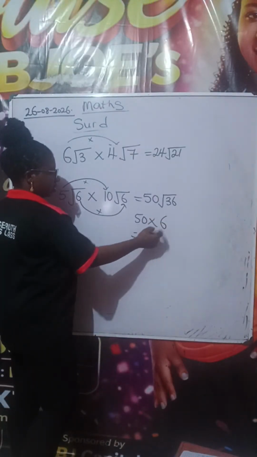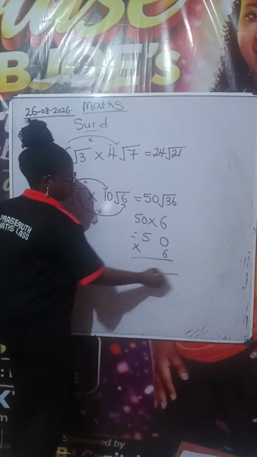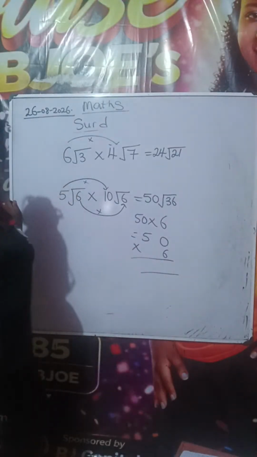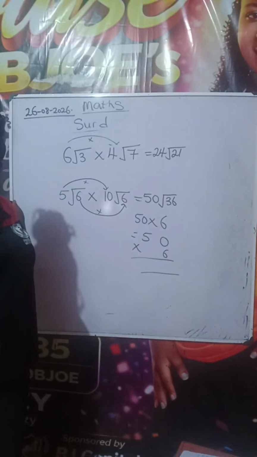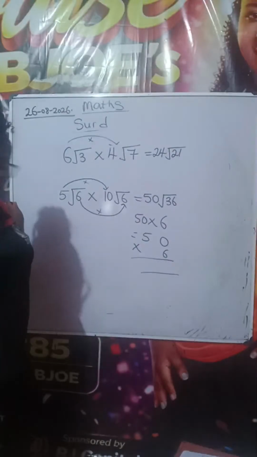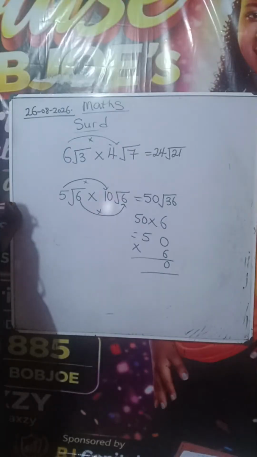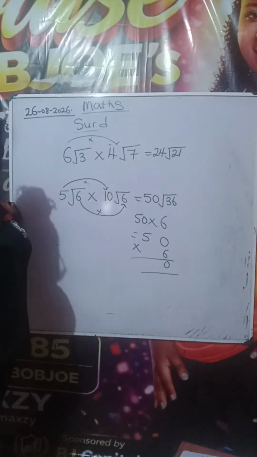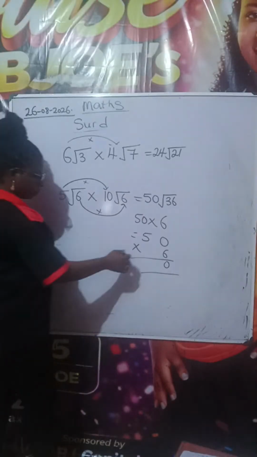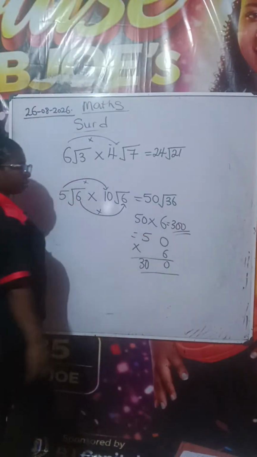So 50 multiplied by 6. 6 times 0, we have 0, and 6 times 5 is 30, correct? So that will give us 300, and that is the answer.